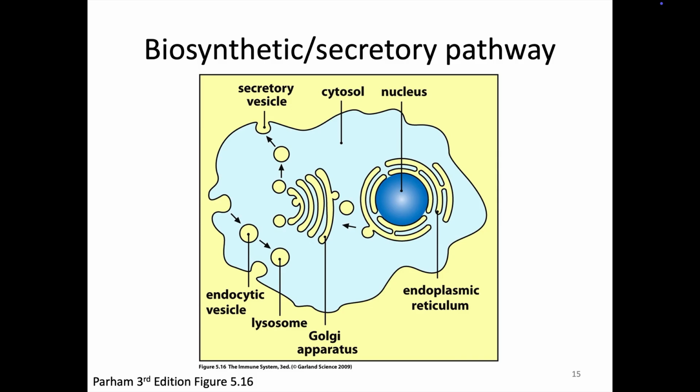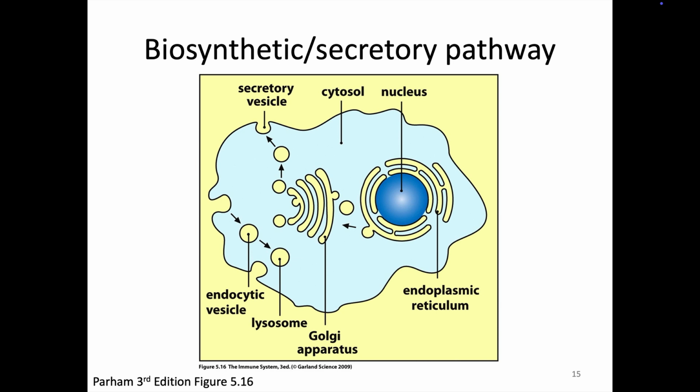All of those parts of the cell that are shown here in yellow, all of those vesicles where we are bringing things in, like the endosomes, like the lysosome, or all of the vesicles and compartments where we're bringing things out, like the ER or the Golgi, you can see are connected to each other by arrows.